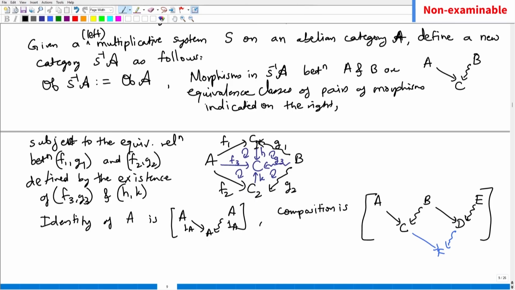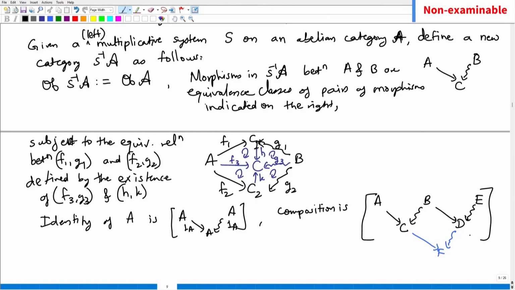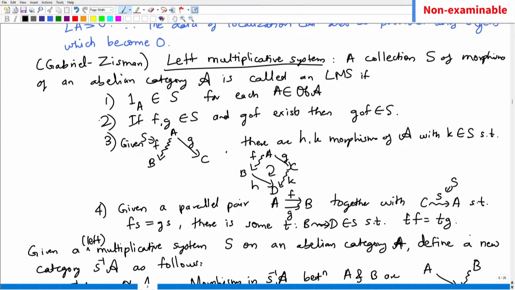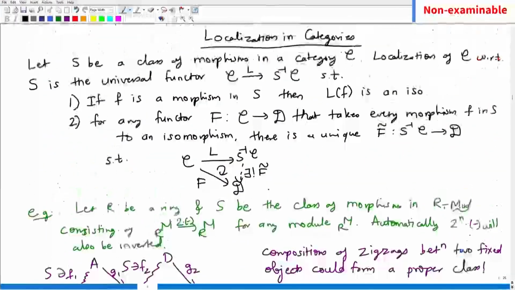Okay, so there is a lot of checking here, but in these lectures, I am just going to give you an idea of things. Any questions so far? One last thing remaining: we are given S and we constructed S inverse A, which is indeed a category. Can we describe the functor from C to S inverse C?